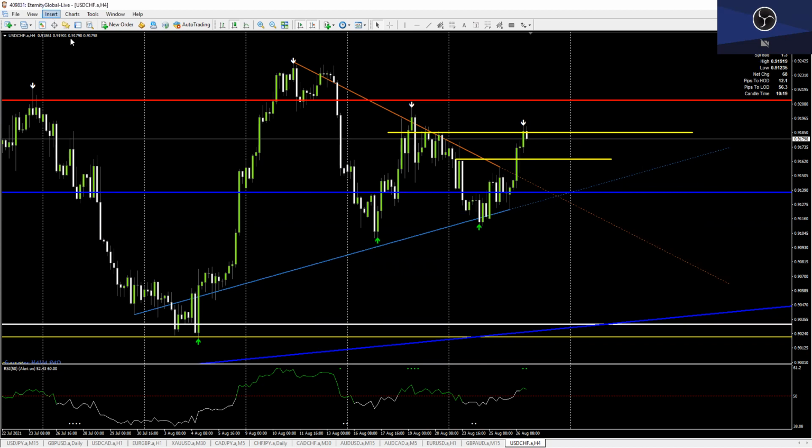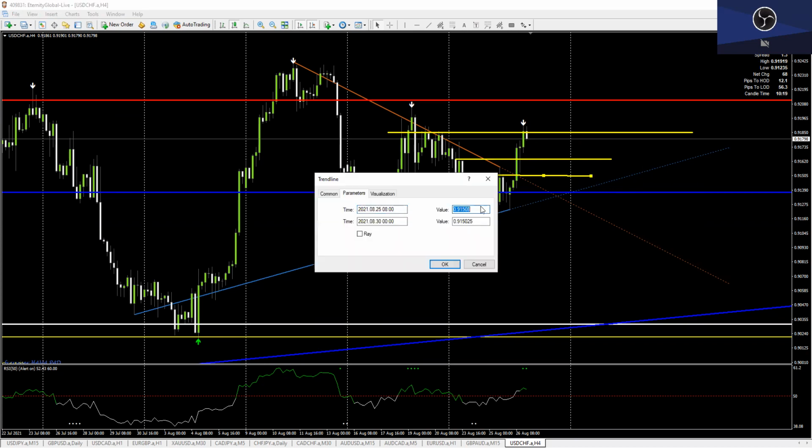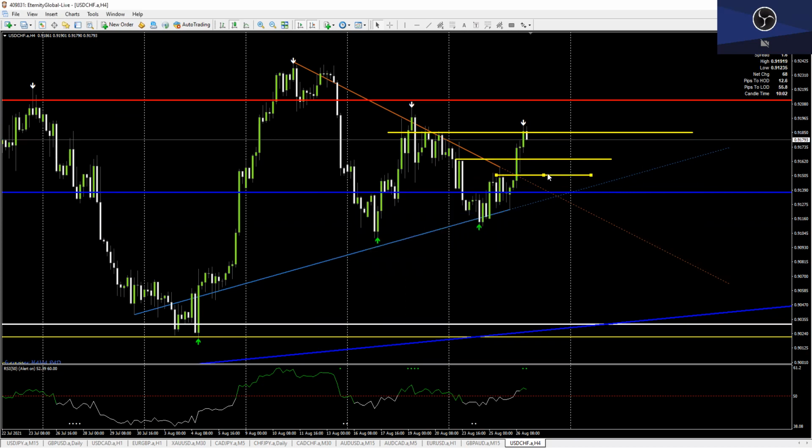So we have an area in which price will likely consolidate right in here, and then next week will be the level that we get pushes off.